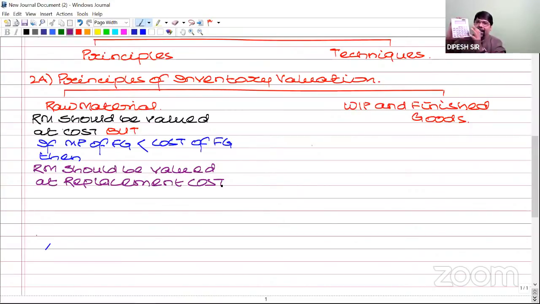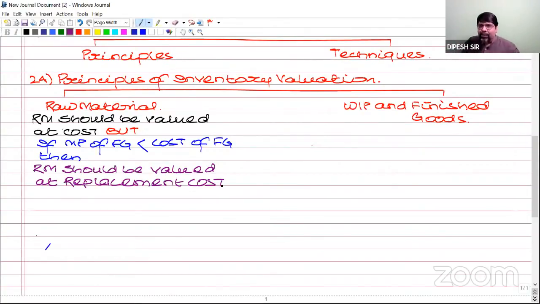If the market price of the calculator falls below the cost of the calculator, then the plastic used in it, that is the raw material, should be valued at replacement cost.